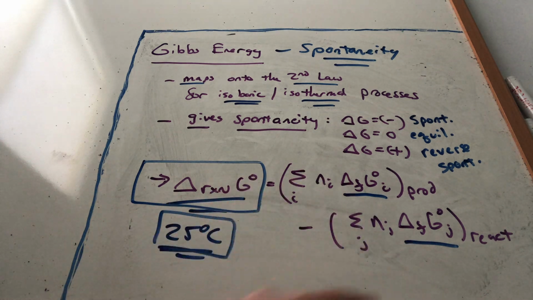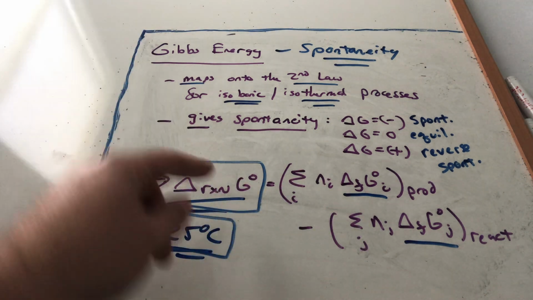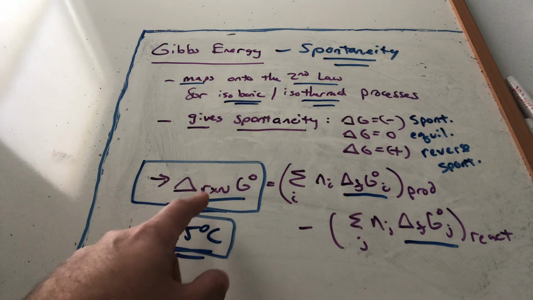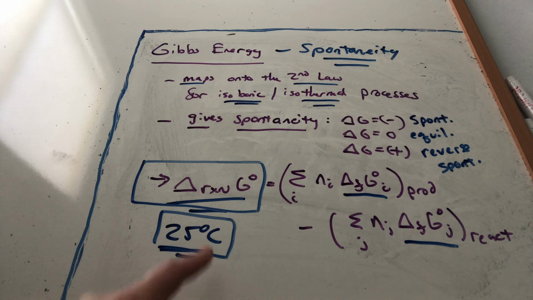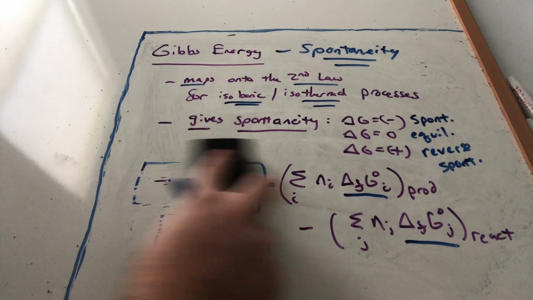If you get a 0, that means that under standard conditions it's at equilibrium. If you get a positive value, then under standard conditions the reverse process is spontaneous. So it's a different sign convention we need to be able to use, but it's not too bad.